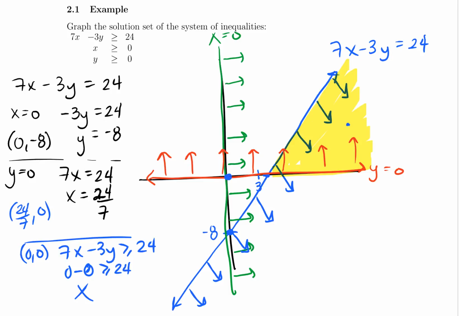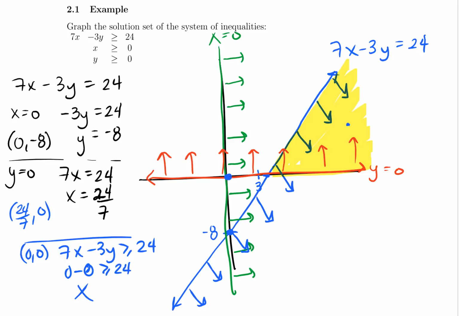It satisfies x greater than or equal to 0, because any x value in this region would be greater than or equal to 0. And furthermore, it satisfies 7x minus 3y greater than or equal to 24, because it was in the solution set for that inequality. So this yellow shaded region would be our solution set for the system of inequalities.